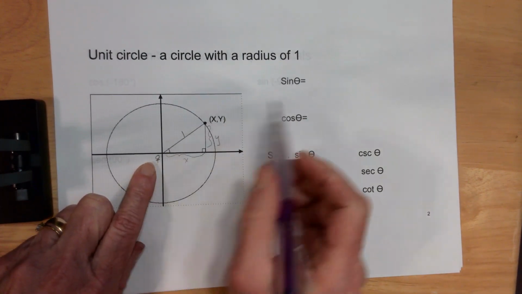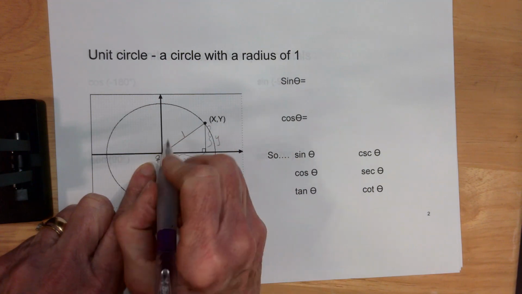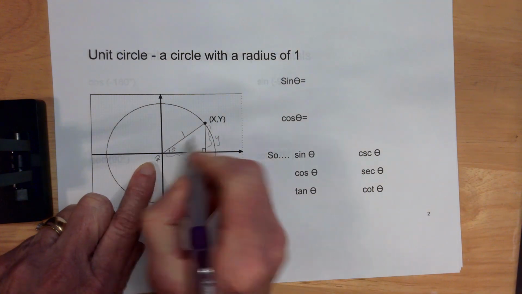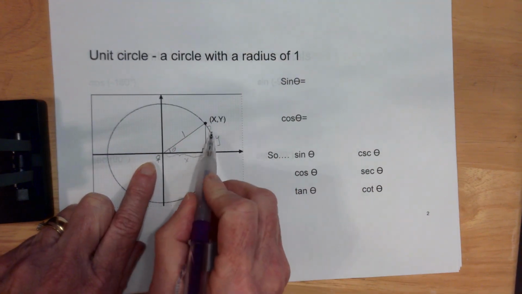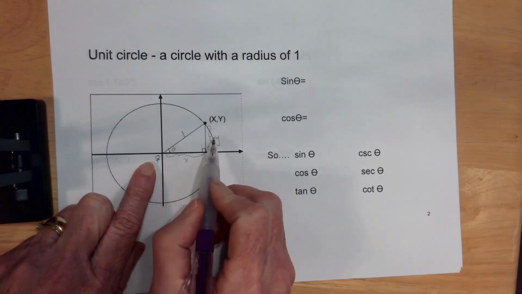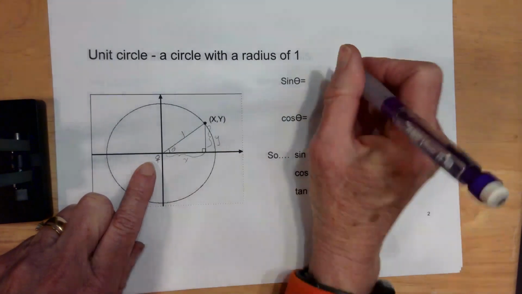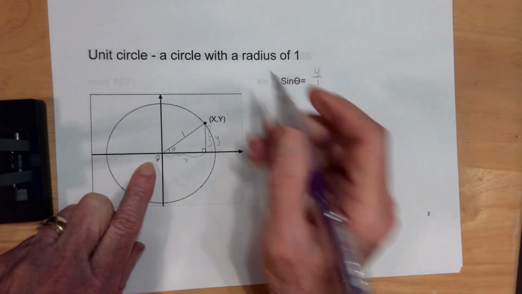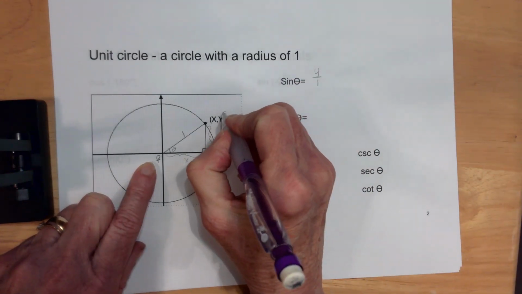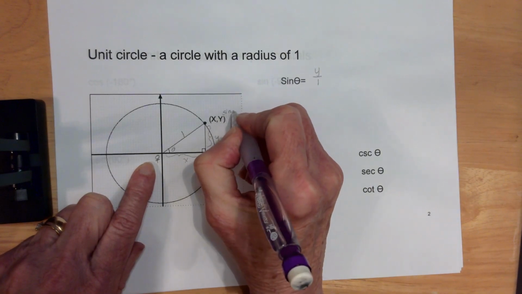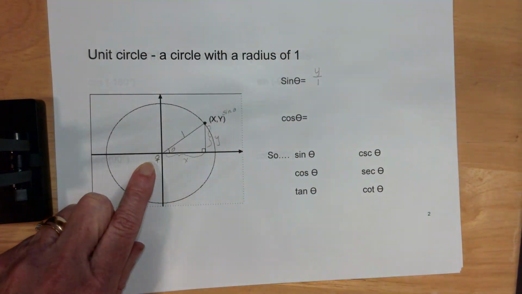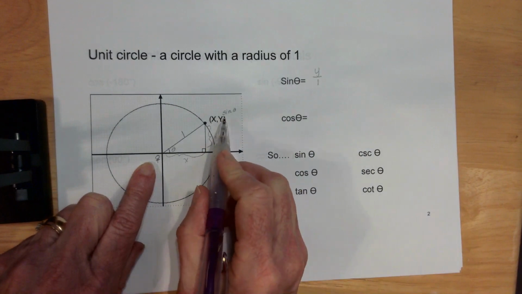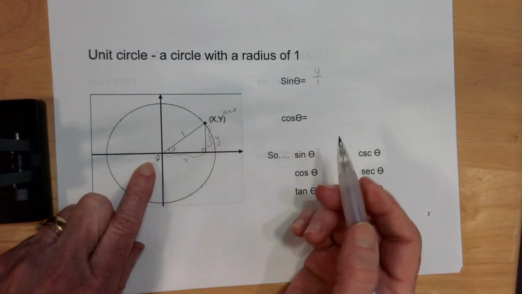So if I'm standing right here and I'm talking about trig functions, the sine of theta, which this would be theta, my unknown, is y over 1 because it's opposite over hypotenuse. So it's y over 1; we always know that our y value on a unit circle is the sine of theta. Think of y with sine.